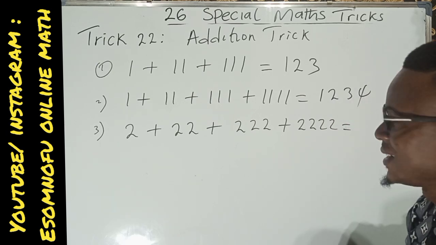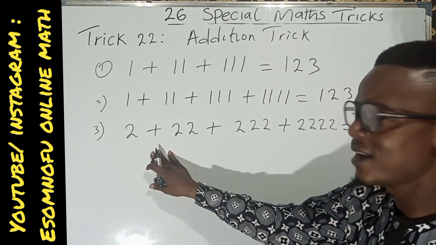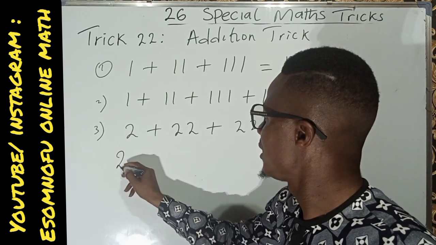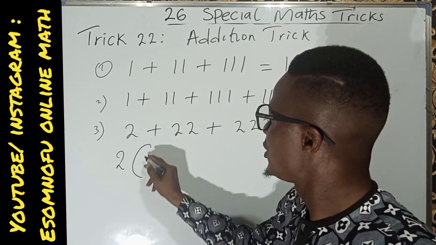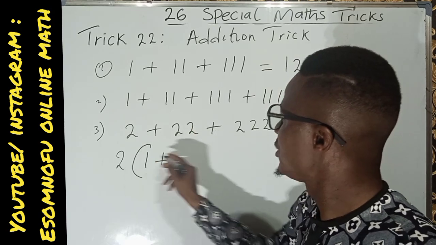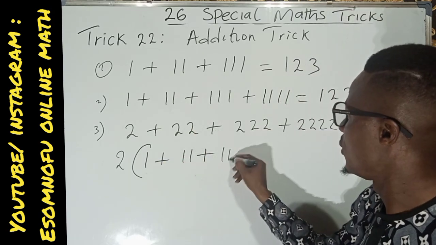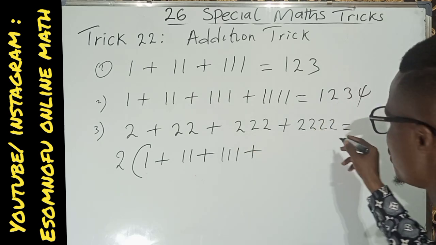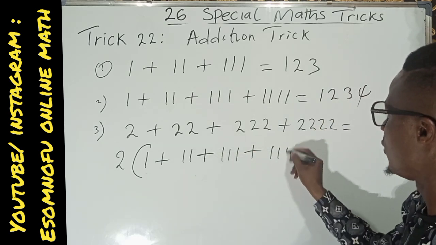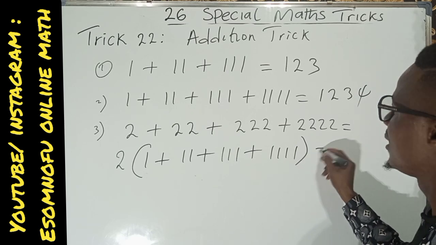As simple as that. If I were you, in this one here that has 2, 2 is common, you can factor out 2. 2 divided by 2 is 1. 22 divided by 2 is 11. 222 divided by 2 is 111. 2222 divided by 2 is 1111.